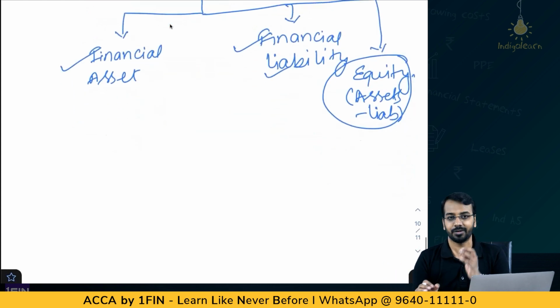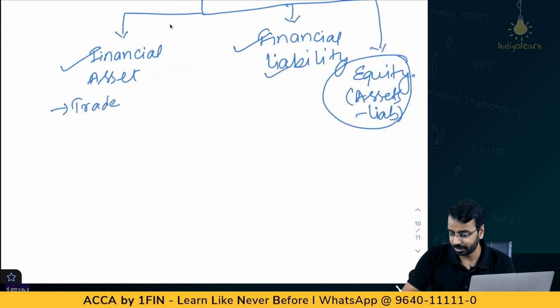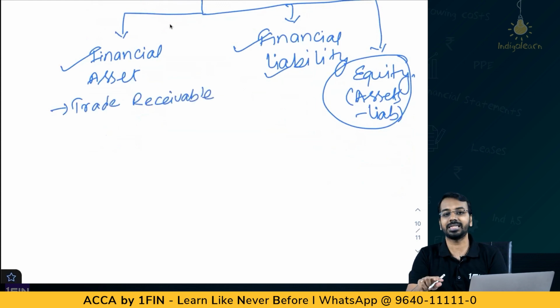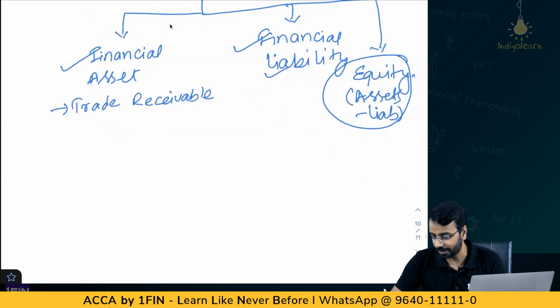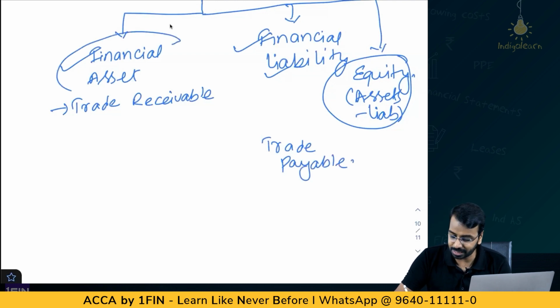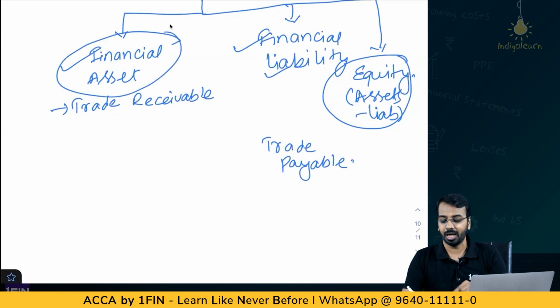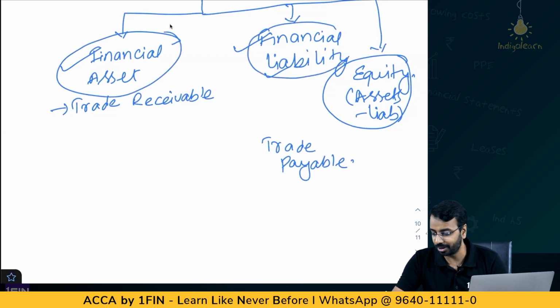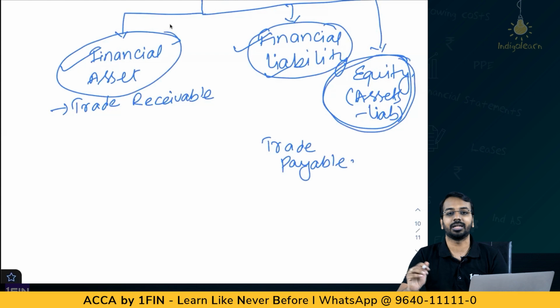So when I say financial asset, the first thing is it has to be an asset. Financial asset could be, let us say, trade receivable. If you have trade receivable for one company, you have trade payable for another company. So a financial instrument is a financial asset for one company and a financial liability or equity for another entity.